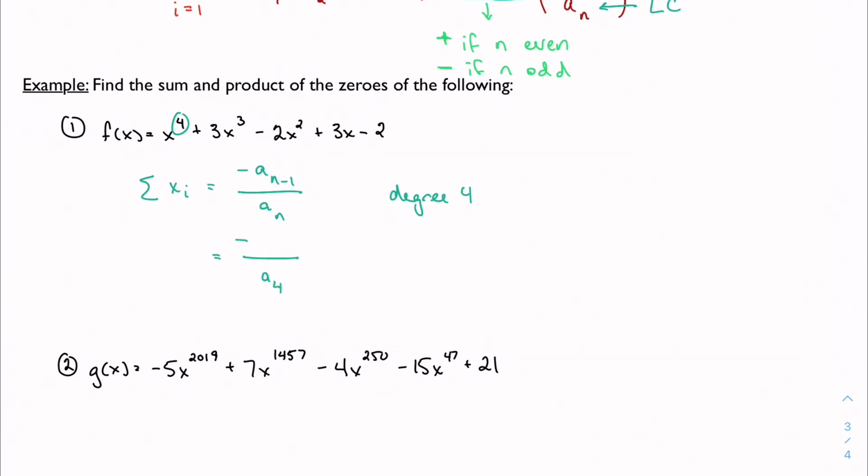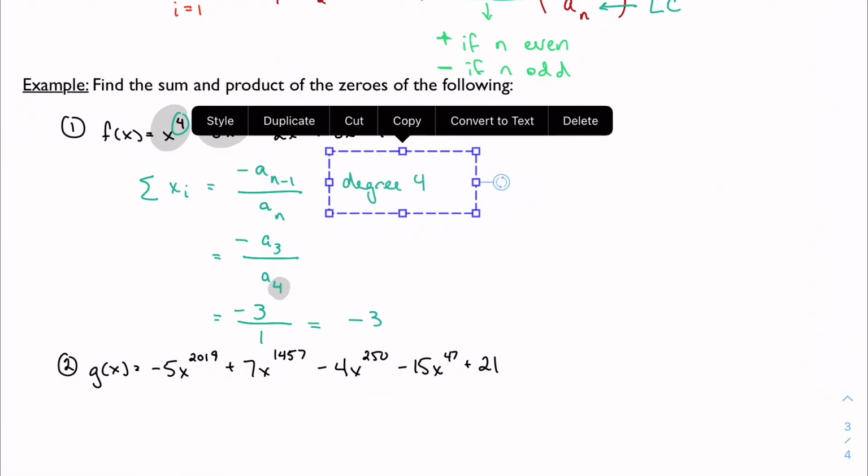And then n minus 1: if n is 4, n minus 1 is 3. So I'm looking for the coefficient on the 4th degree term, which is 1, and the coefficient on the 3rd degree term, which is 3. And it's negative, because negative is built into the formula. So the sum of my roots is negative 3.